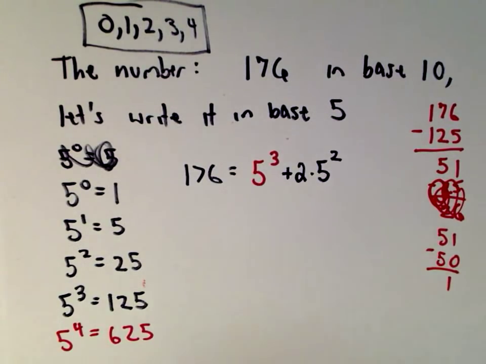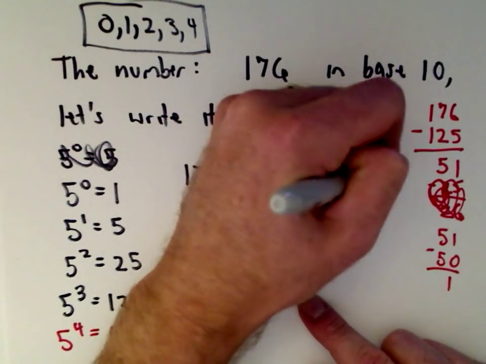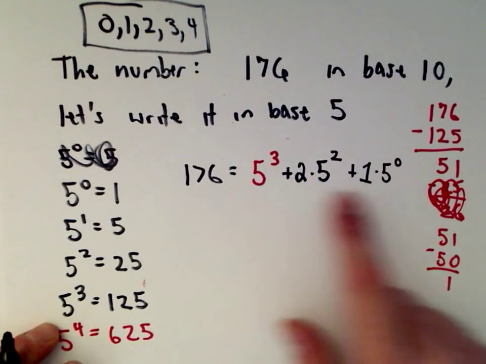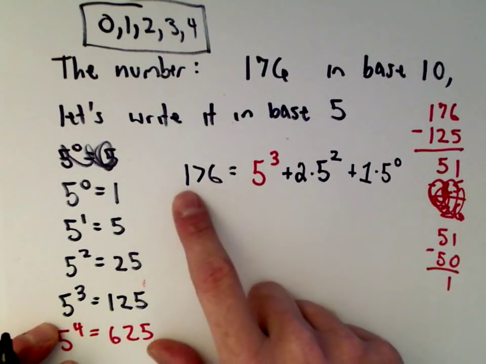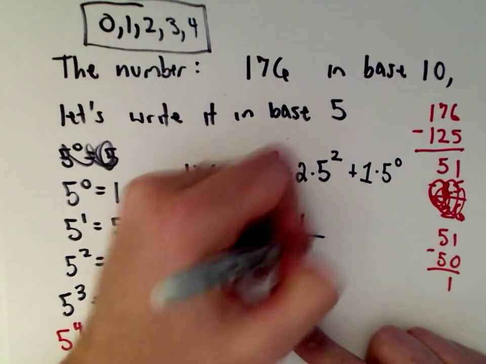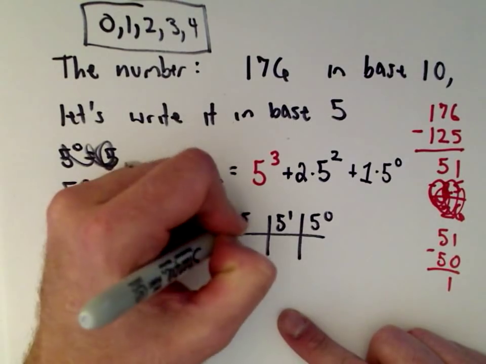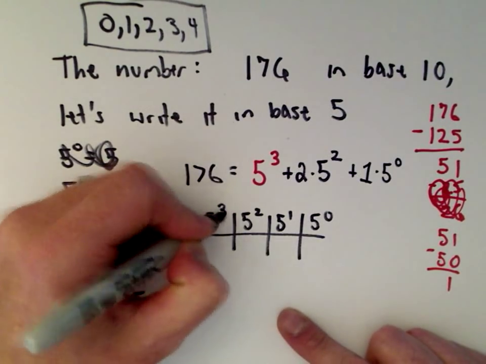And to get the number 1, we just use 5 to the 0 power. So we would have 1 of 5 to the 0 power. If you add up the numbers on the right, that gives us 176. So let's think about our columns here. We've got 5 to the 0, 5 to the first, 5 to the second, and 5 to the third.